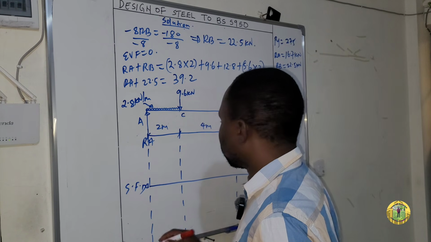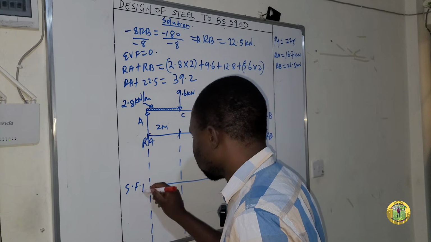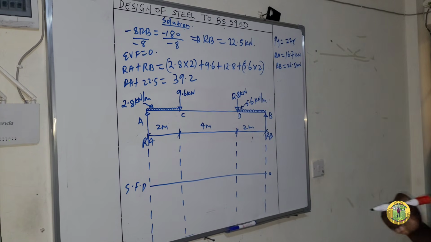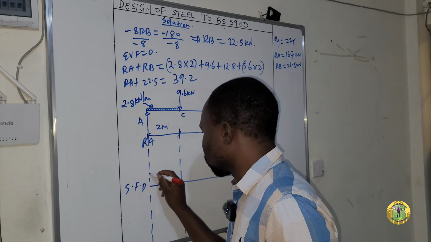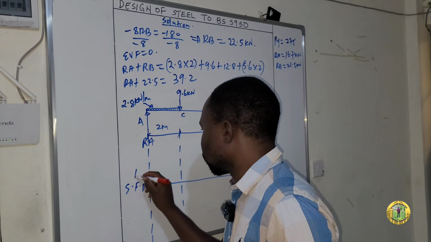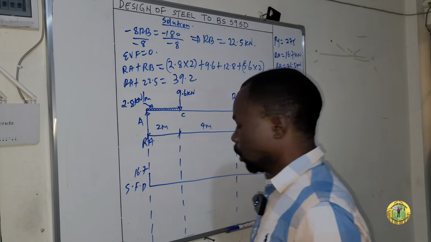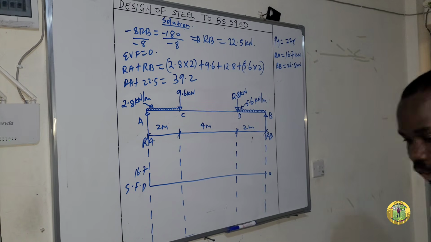So we will begin from A. From A, we have 16.7. So you'll approximate around somewhere there. So say 16.7. Take this value and write it in your calculator.